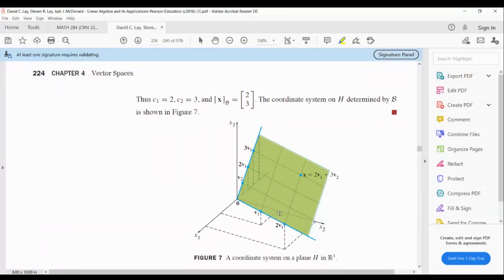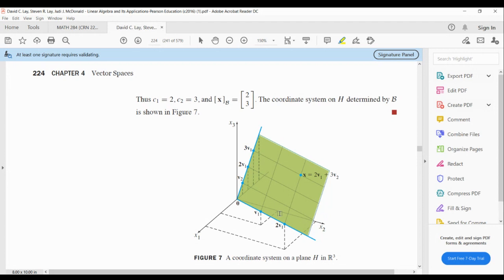V2 makes good sense to me because V2 is -1, 0, 1. So you move 1 back on the x1 axis, you don't move along the x2 axis, and you go up 1. So V2 makes good sense. V1, well, that's fine. 3, 6, 2.